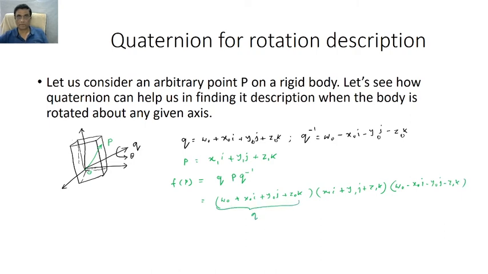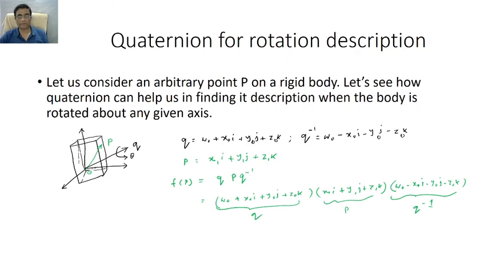So this is your Q, this is your P, and this is your Q inverse. So very easily you can get the description of P after rotation, so it is very useful.